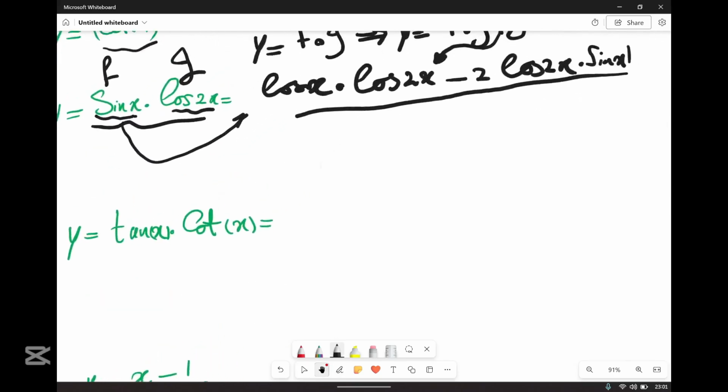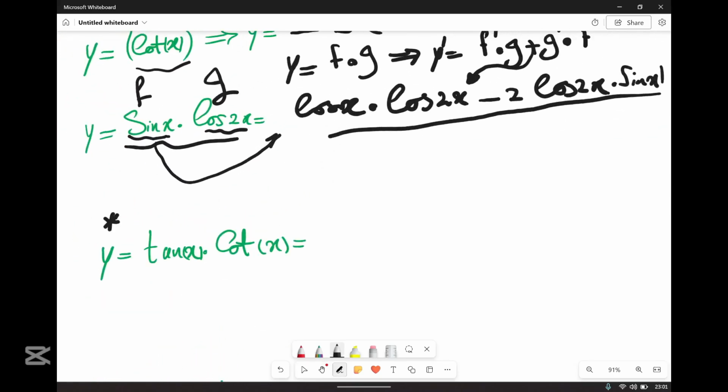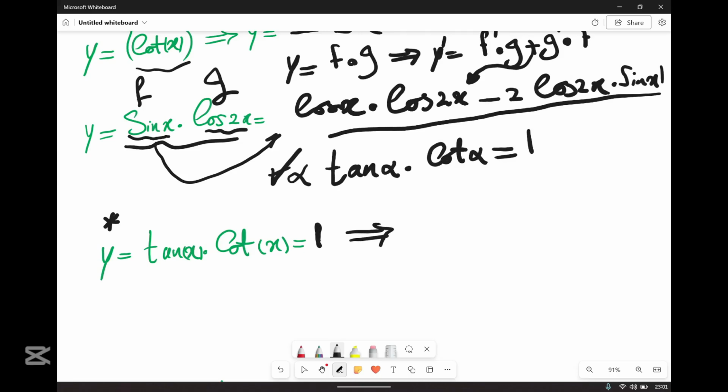Okay guys, about this, that is so important. Why? If you follow our trigonometry course, you know that for every alpha, tangent alpha times cotangent alpha is exactly 1, and therefore this function is a constant function, and you don't need to put this as f, this as g. You simplify, and the result is 1, and after that your derivative answer is 0, because this is constant and the derivative of a constant is 0.